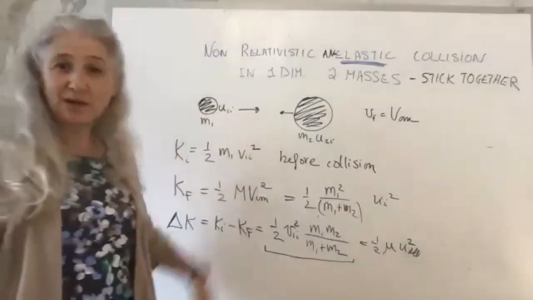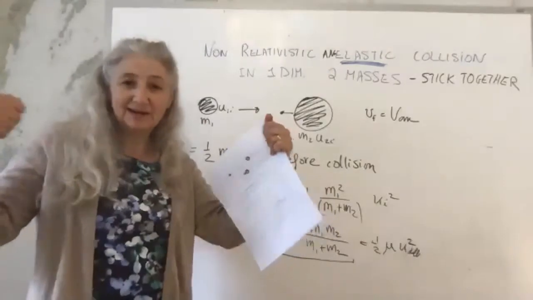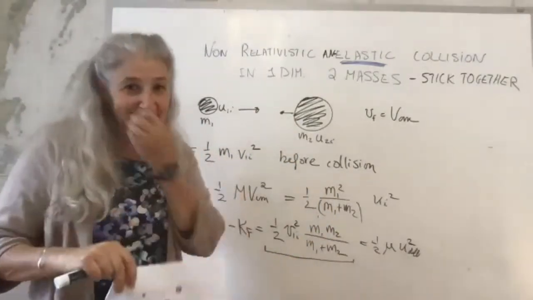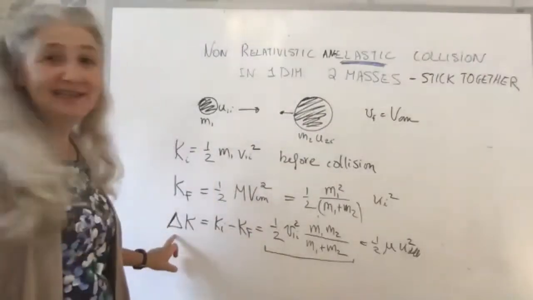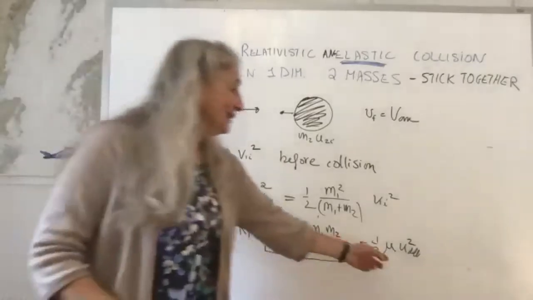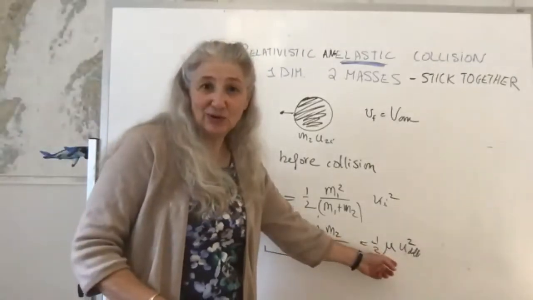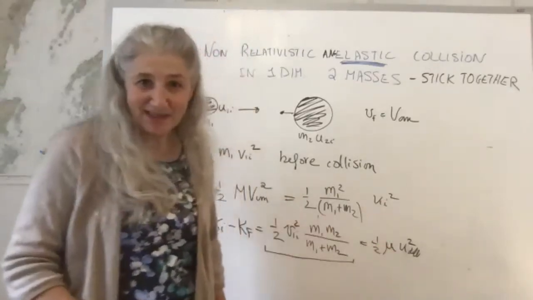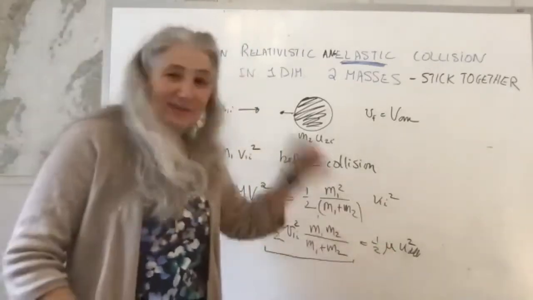In this particular problem, because when it gets together it just sticks, it loses all the relative kinetic energy. And so the change in kinetic energy, which is the amount of energy lost, is equal to the internal kinetic energy term. Does that make sense?